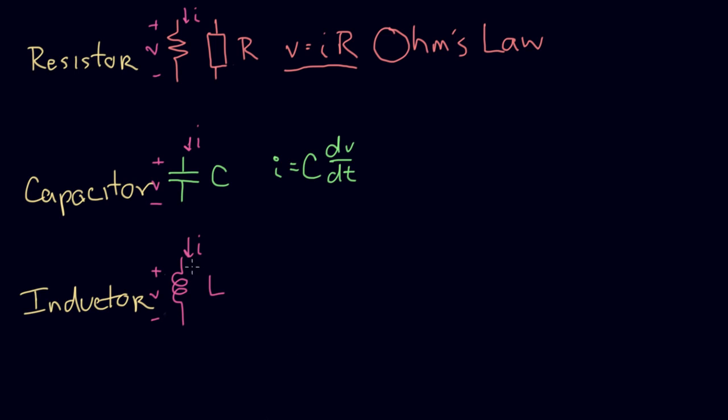The inductor has the property, it's very similar to the capacitor. It has the property that the voltage across is proportional to the time rate of change of the current flowing through the inductor. So this is a similar but opposite of how a capacitor works. The voltage is proportional to the time rate of change of current. And the way we write that is voltage equals L di dt.